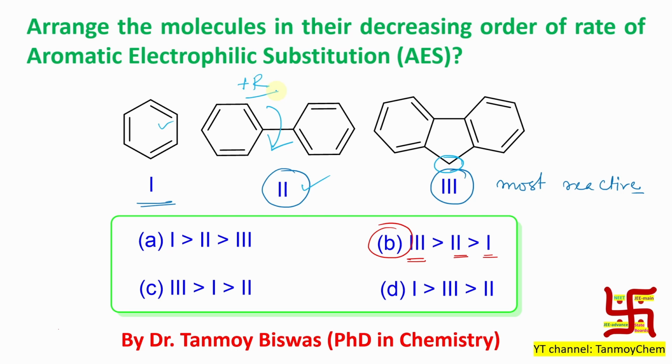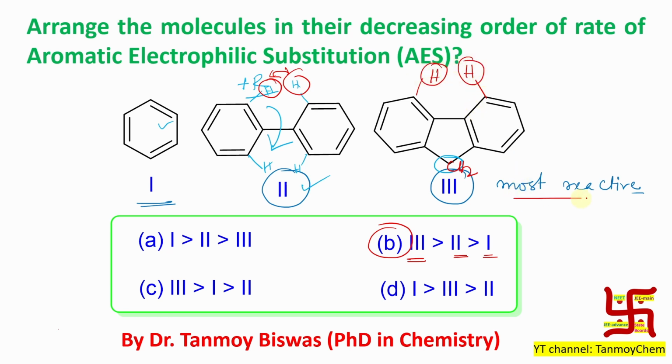Point number 2, because of the repulsion between these two ortho hydrogens, one on each ring, they avoid planarity to some extent. That part is resolved here, and not only that, because of this 5-member ring structure, these hydrogens are to some extent farther away compared to these two. So this is another point.